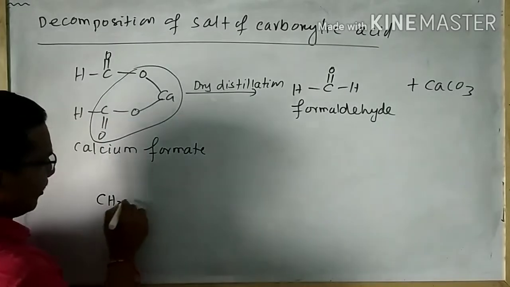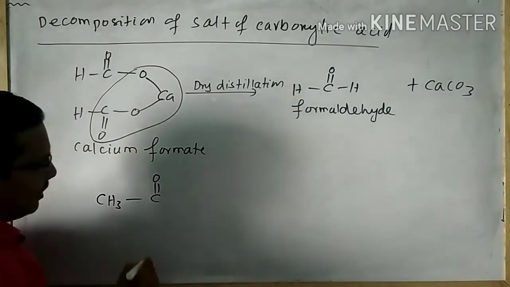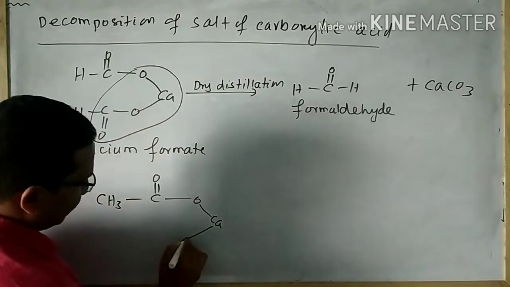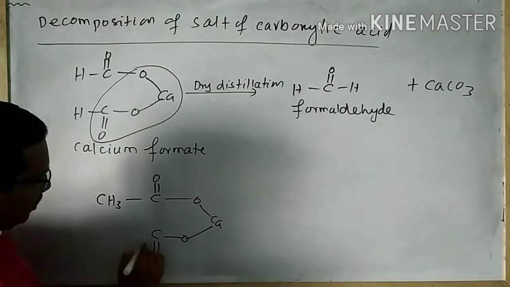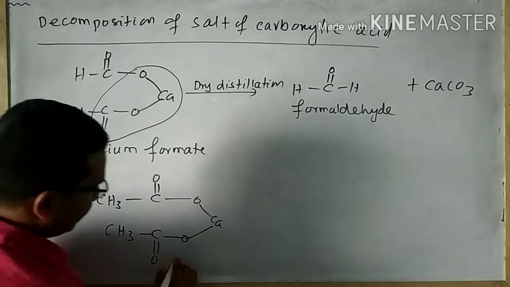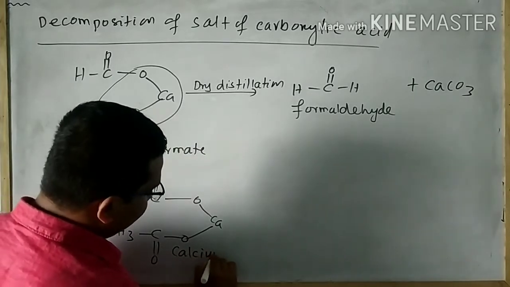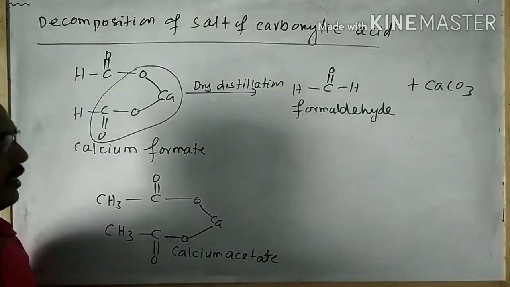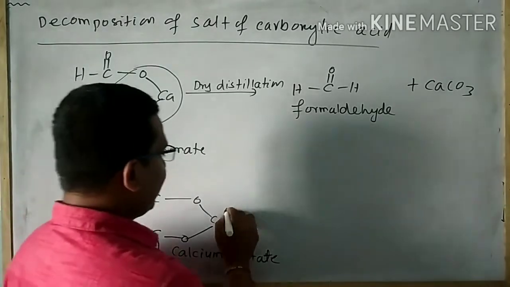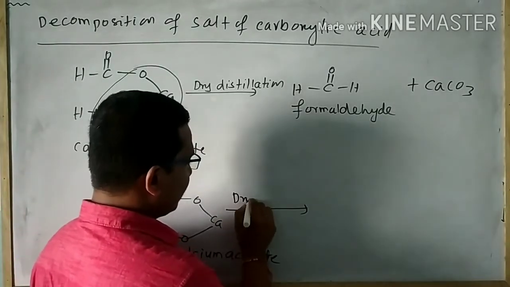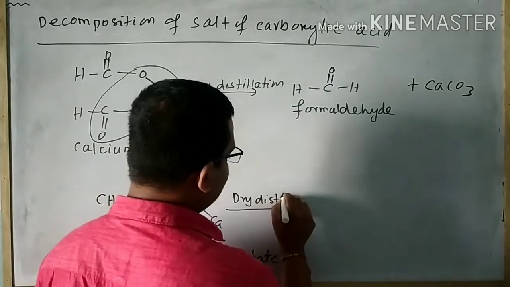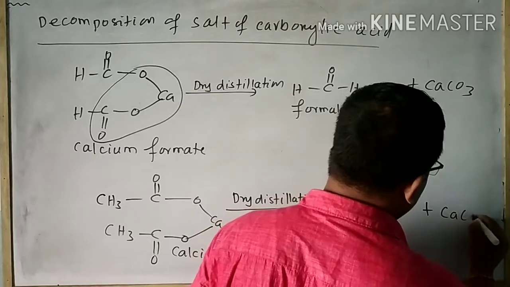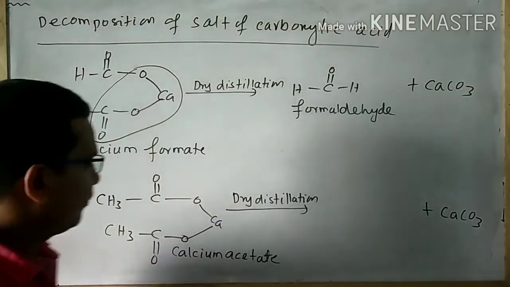Next I will take calcium acetate. This is said to be calcium acetate. When calcium acetate is subjected to dry distillation, then calcium carbonate is formed as byproduct.